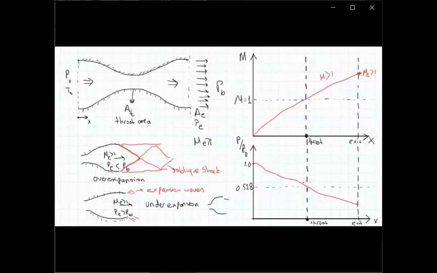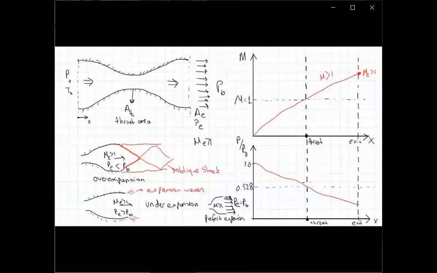We will have a nice and uniform supersonic stream without any shock waves, without any expansion waves. It's perfect. P_E is perfectly matched to P_B. We have fully supersonic flow inside the divergent part and fully supersonic flow exiting the nozzle. No shock waves inside or outside, and no expansion waves outside. And this is basically the perfect expansion case.